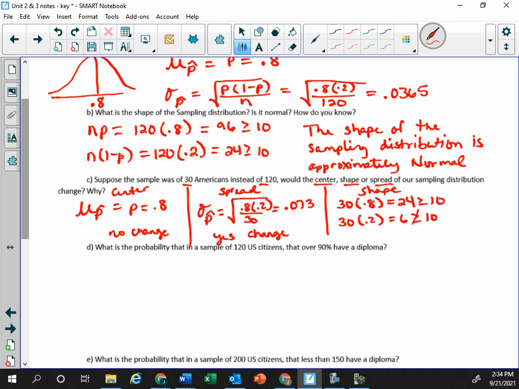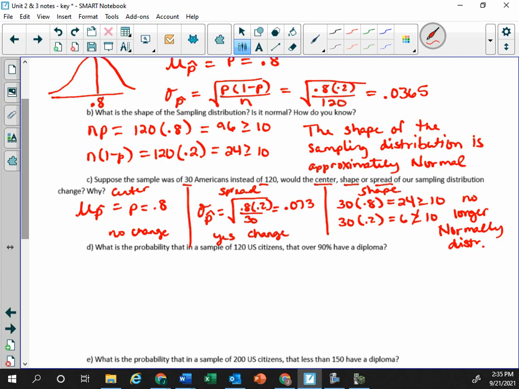So you don't necessarily know what the shape looks like, but you know it is no longer normally distributed. So sample size will definitely impact the spread and potentially could impact the shape, depending on what the change in sample size is. We're doing okay?